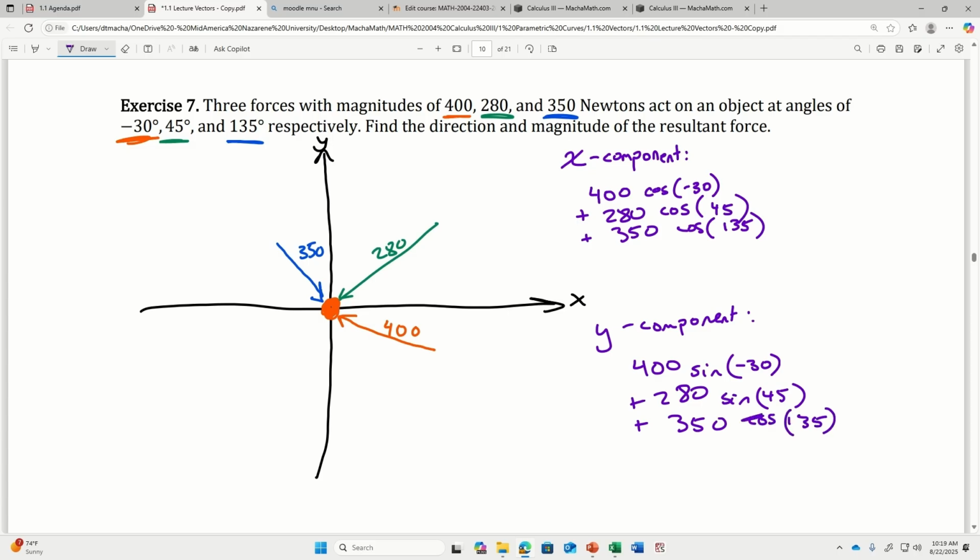Oh, sorry, sine. So cosine gives us the x component in the unit circle. Sine gives us the y component. You multiply by the magnitudes, of course. And now I've got the x component and the y component of my resulting force.